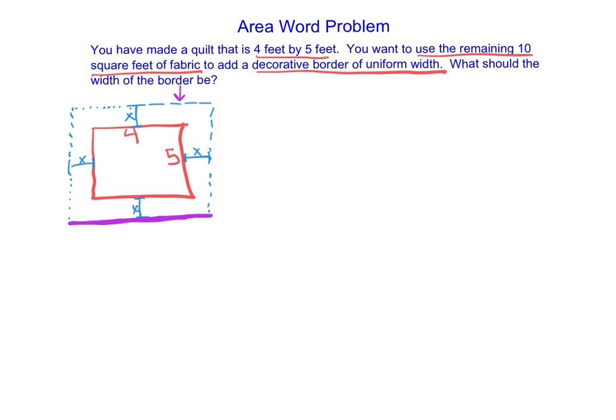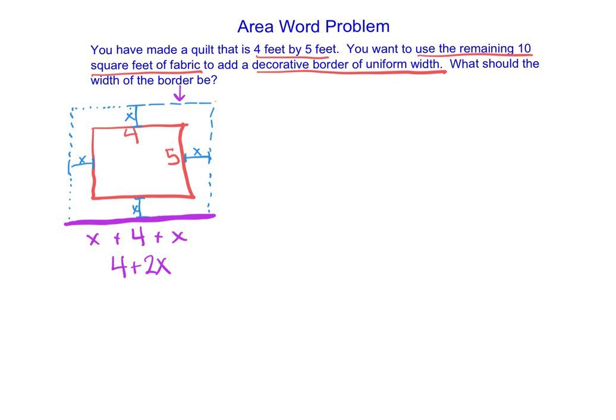Well, the side of this really big rectangle over here is the 4 from the red plus an X on either side of it. So really that line I just drew in purple, that side length is 4 plus 2x in length. That's 4 feet plus 2 times whatever the border width value is on either side.